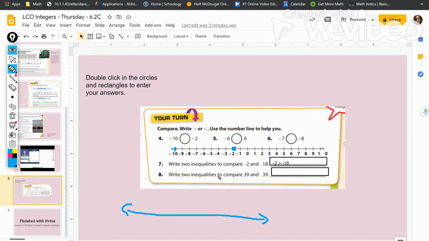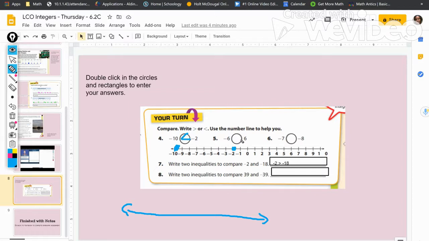So -2 is closer to 0 than -10. For example, would you rather owe $2 to your bank, or would you rather owe $10 to your bank? Okay? Which value is less? Which value makes you have more money that you owe someone?